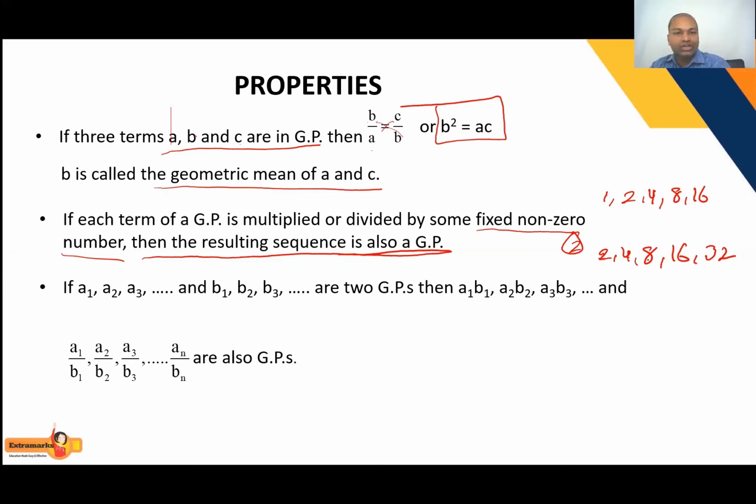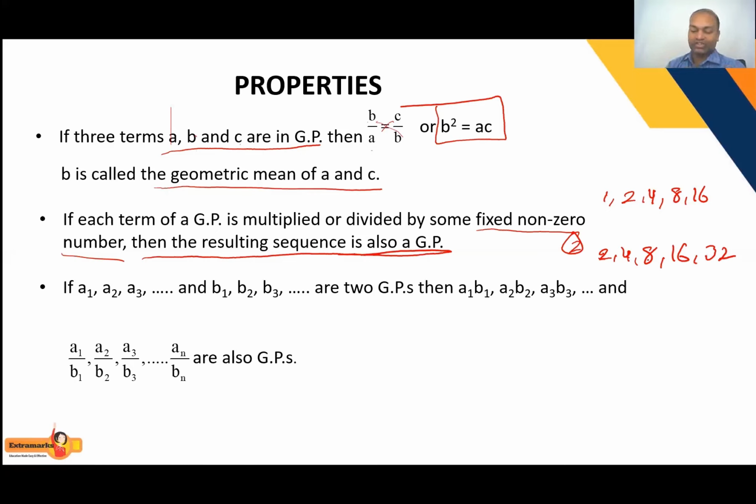So the ratios are the same. Same ratio means it is in GP. That is the meaning of the property. So in a GP, if multiplied or divided by some fixed non-zero number, the resulting sequence is also in GP.